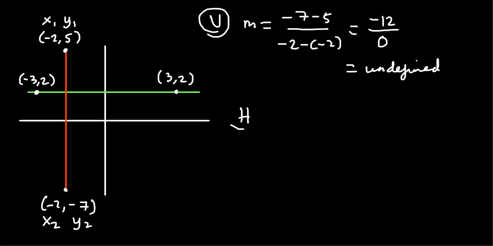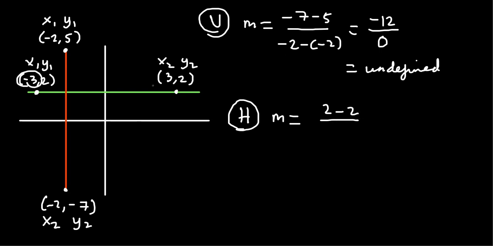Let's try finding the gradient for the horizontal line. So we'll just label the points x1, y1, and then x2, y2. So that would be y2 minus y1, so 2 minus 2, over x2 minus x1, so 3 minus -3.